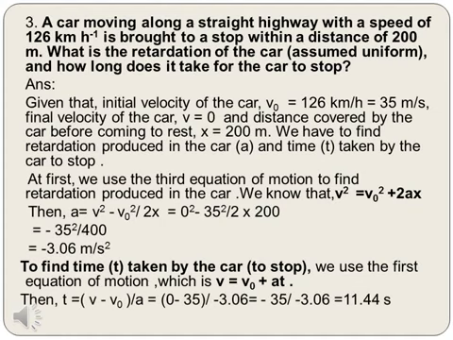Next you have to find the time taken by the car to stop. We use the first equation of motion, which is v is equal to v0 plus at. Then t is equal to v minus v0 by a. By substituting the values of v, v0 and a, we get t is equal to 11.44 seconds.